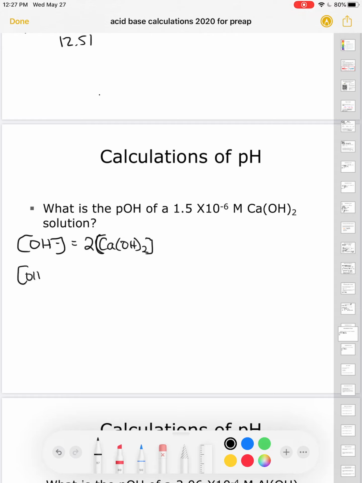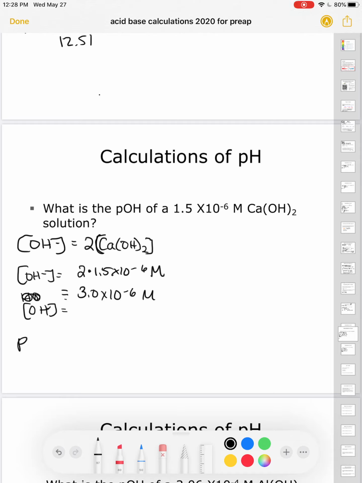So our hydroxide concentration is going to be equal to 2 times 1.5 times 10 to the negative 6 molar. So that gets me 3.0 times 10 to the negative 6 molar hydroxide. Thank you.